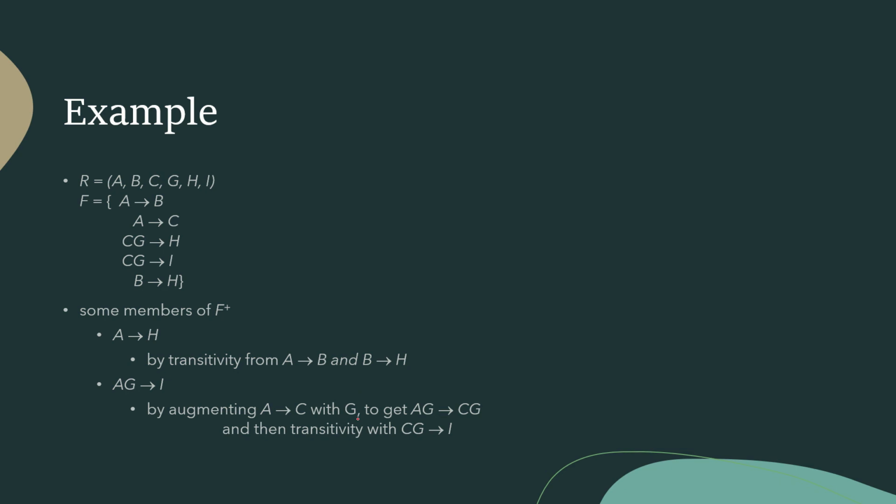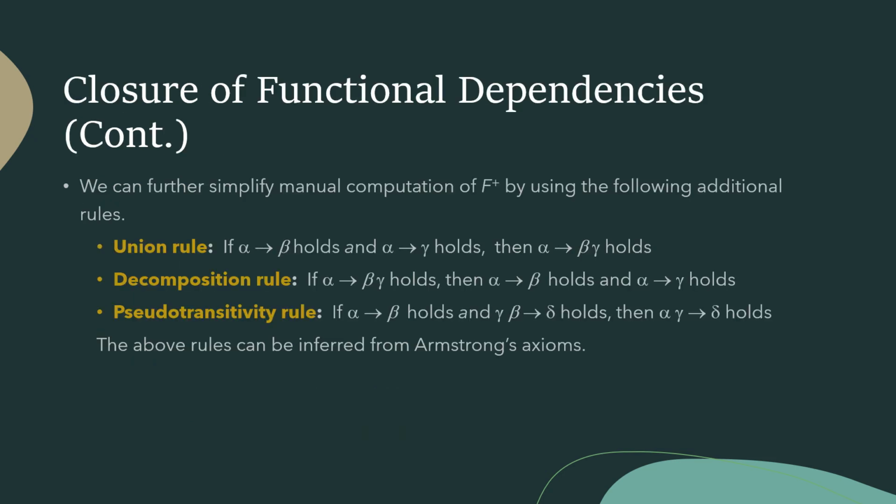Here gamma is G, added to both sides, giving AG implies CG. Then by the transitive rule, AG implies CG and CG implies I, so AG implies I. This is how we can create the closure based on the set of Armstrong axioms.